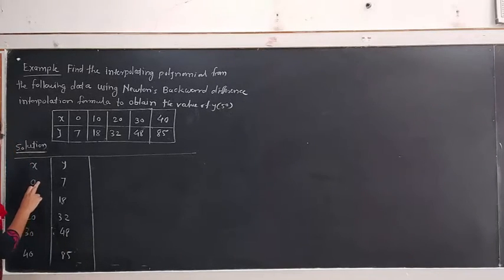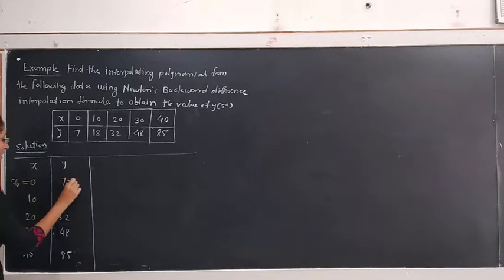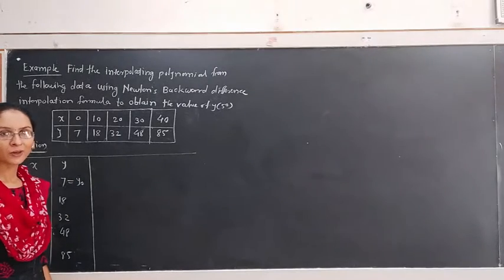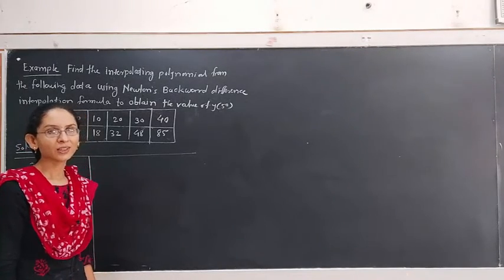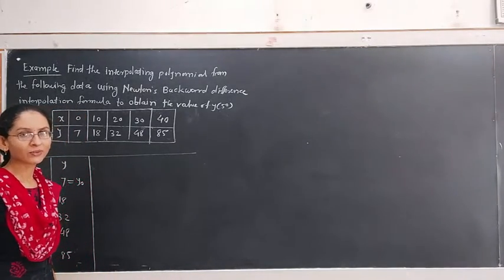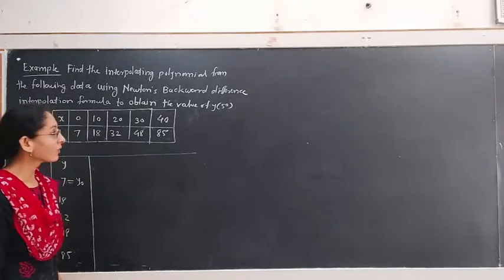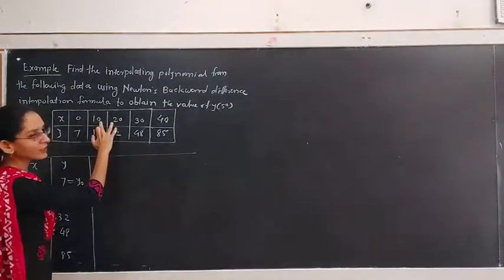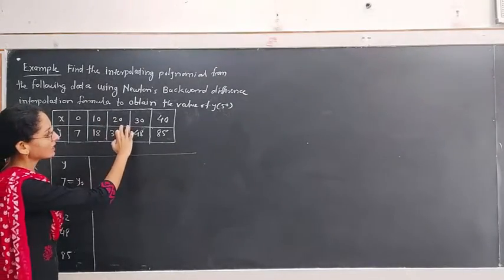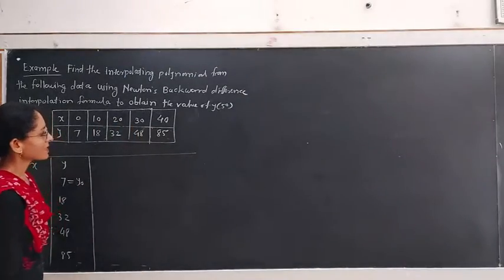This is the initial value of x, x0. Corresponding to x0, this is the value y0. 10 is the value of x1, which is obtained by using the formula xi plus 1 is equal to xi plus h. What is h? The difference between two consecutive values of x. The difference between 10 and 0 is 10, between 20 and 10 is 10, and similarly the differences between the next pairs are 10.